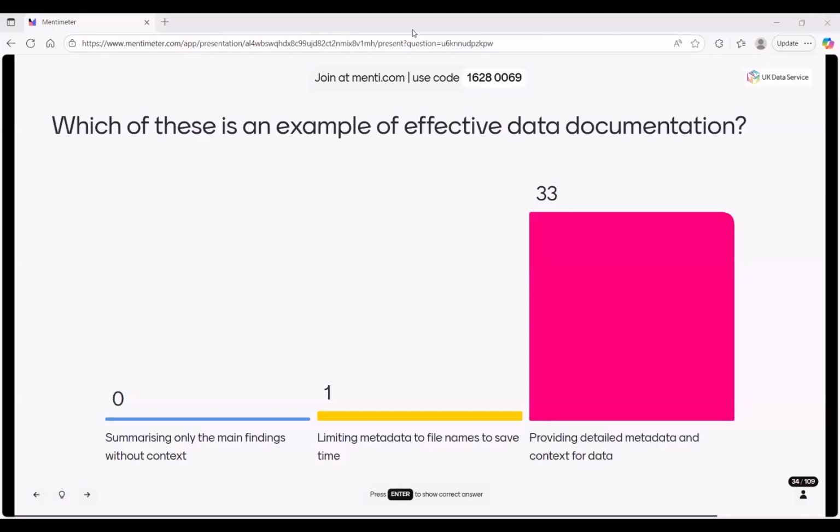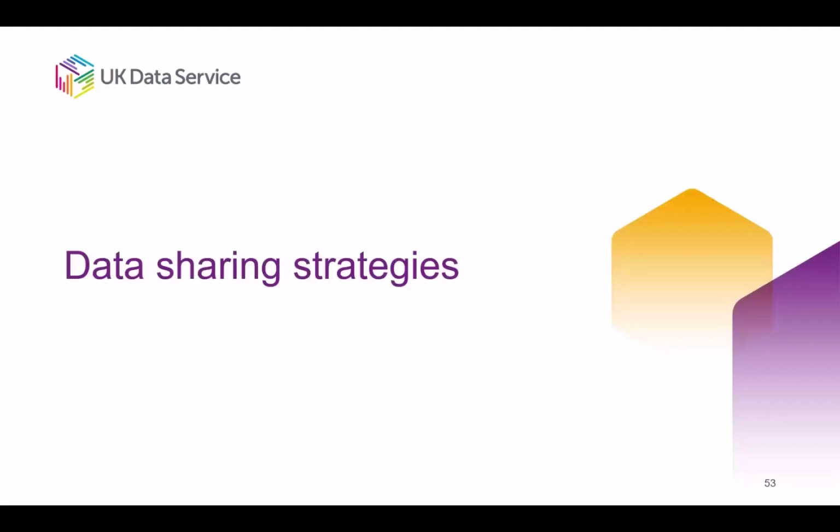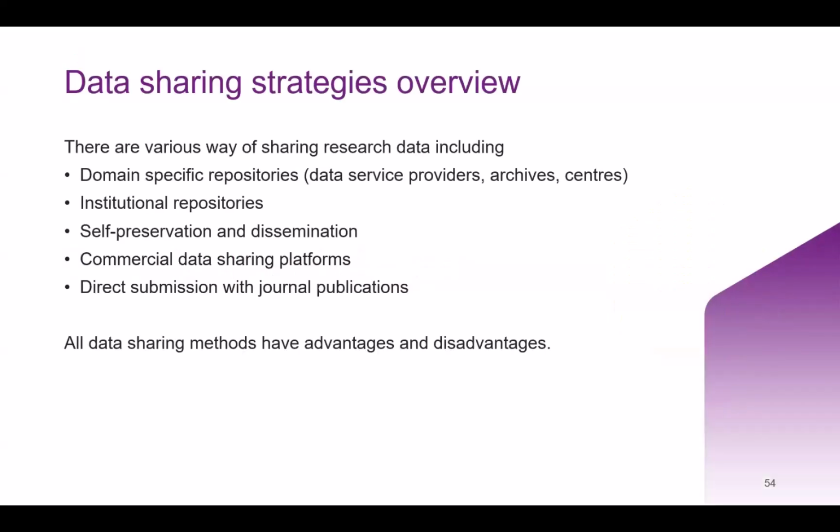Let's get back. So now is data sharing strategies. There are several ways to share research data, and researchers can use domain-specific repositories such as data service providers, archives, and data centers that focus on a particular field.